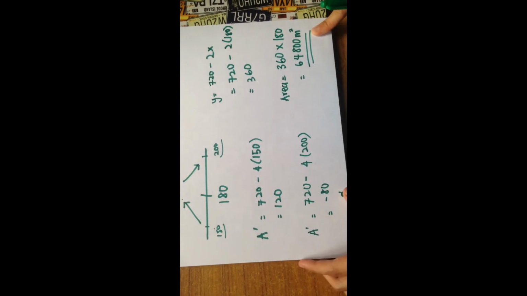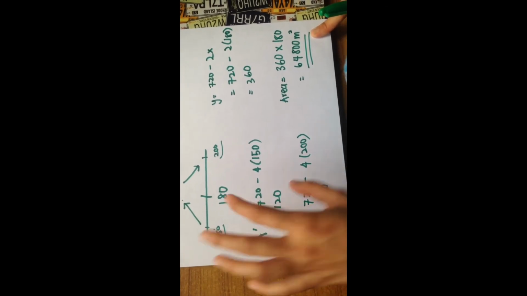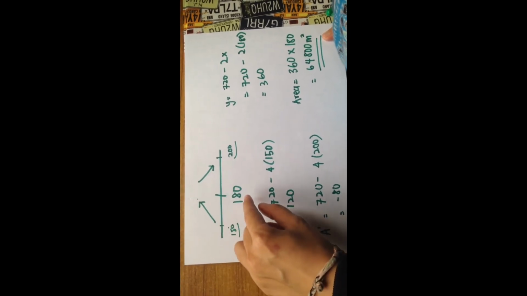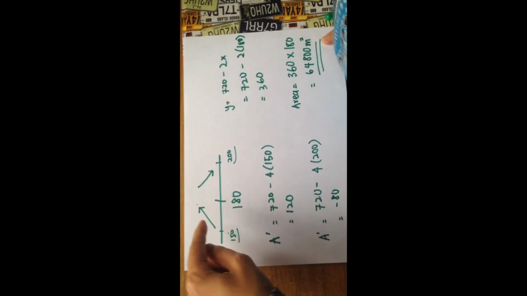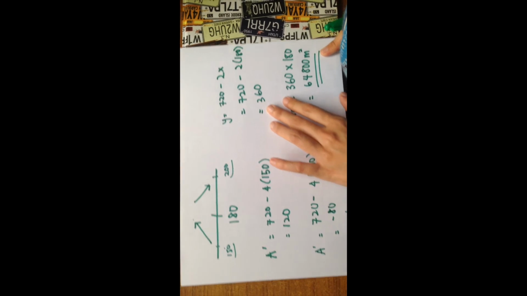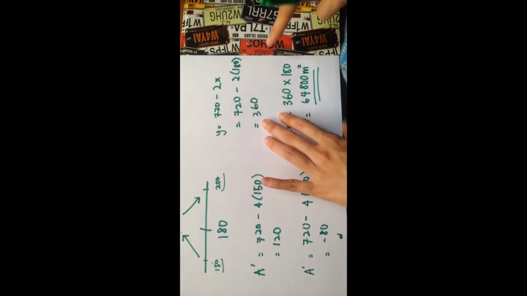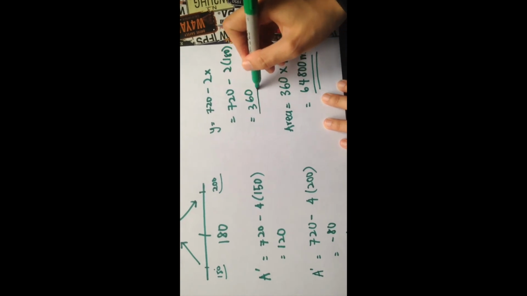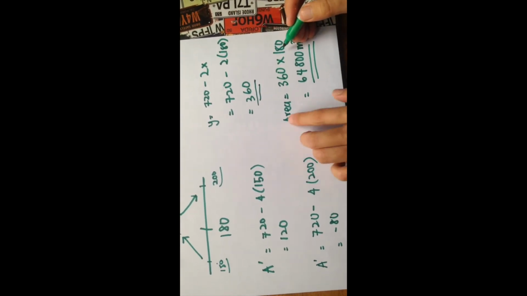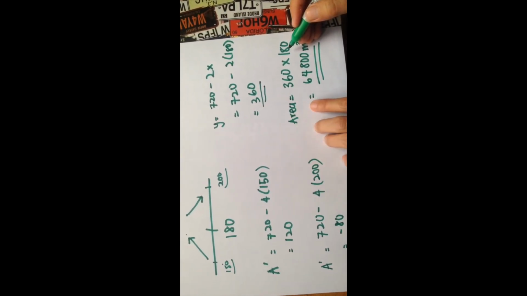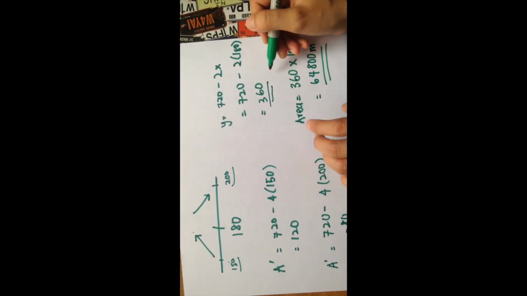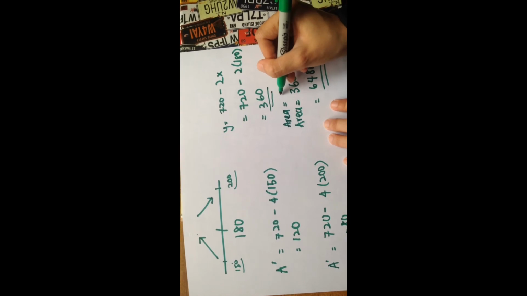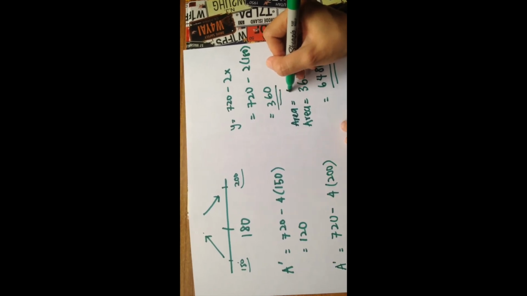Okay, so from here we can conclude that 180 is a maximum point, so that's why we substitute back inside the constraint equation to find the value of y, and then we substitute back the value of x and y into the formula to find the area.